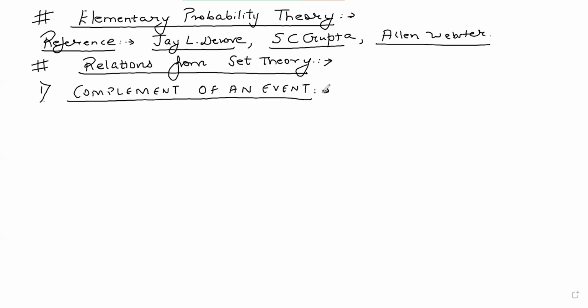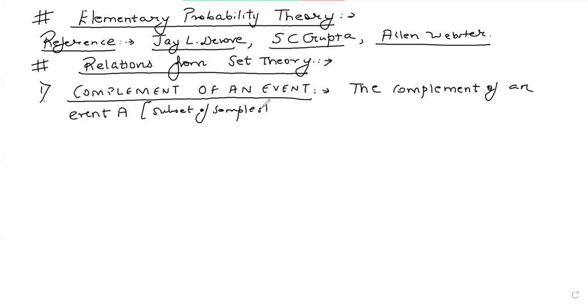So I can write that the complement of an event A. Remember, event A is a subset of the sample space, so I can write in the bracket subset of the sample space. The symbol I use to denote the sample space is delta.